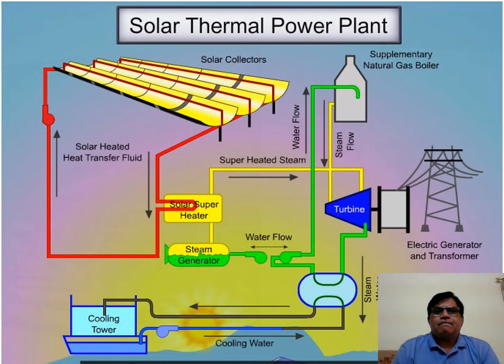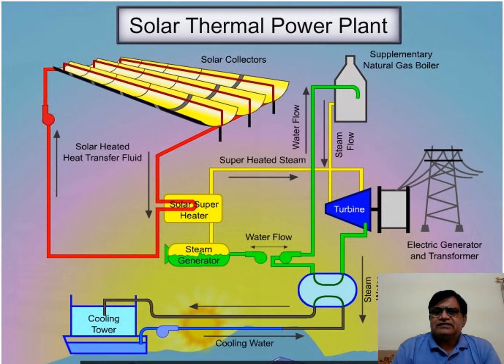Through this diagram we can show how a solar thermal power plant works. Basically, we use a parabolic structure which concentrates the sun rays on specific pipes through which water flows.